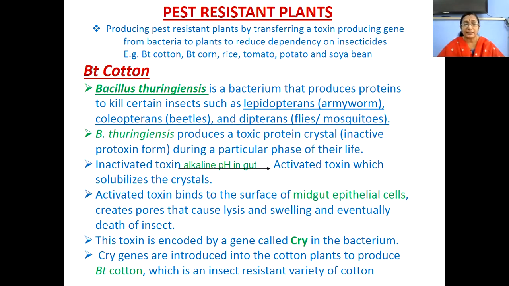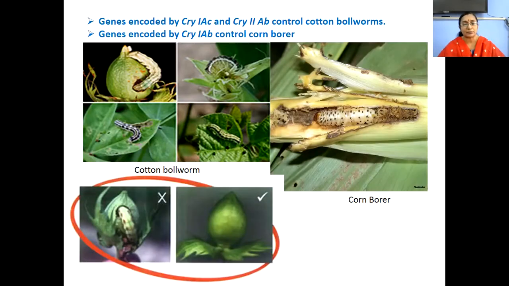But what if we can introduce the same gene into the plant? This toxin is produced or encoded by a gene which is called CRY in the bacterium. These CRY genes are introduced into cotton plants to make them an insect resistant variety of cotton. Cotton bollworms are very serious pests of cotton.